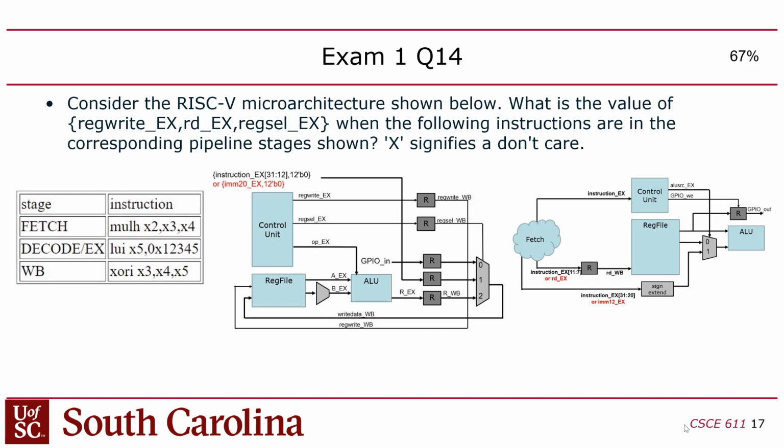I don't remember how the answers were set up, but one way to show this would be 8'b10010101, or 8'h95, I guess. And I don't know what it is in decimal. I think it was the hex, though, was the answer.